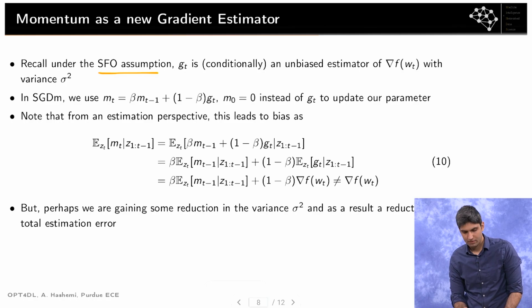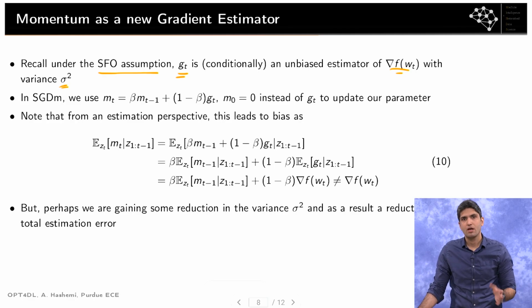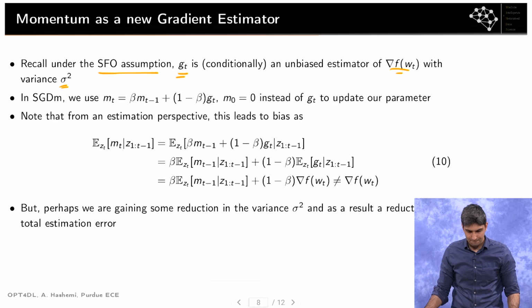We assume in each iteration we can access an oracle and get an unbiased estimator of the true gradient, which we call g_t, with bounded variance. This is something that we expect to happen in practice, for instance, when running mini batch SGD. We select a batch of samples from the training data and calculate their gradients. If our selection of the mini batch is, let's say, uniformly at random, then that could serve as an unbiased estimator of the gradient of the entire data set.